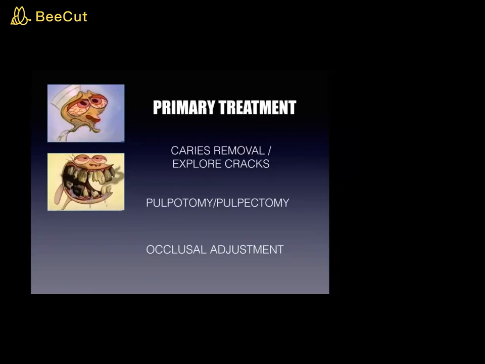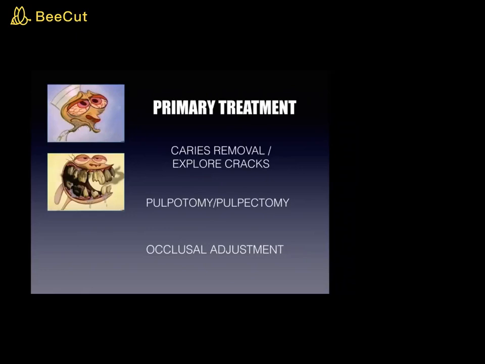After whatever you've done with respect to pulpotomy or pulpectomy, make sure you reduce the occlusion, for two reasons. One, if you're dealing with cracks, you don't want the cracks to propagate, so make sure you take it out of the bite. And secondly, and more importantly, if you have a nerve that you've removed or partly removed, the last thing you want to do is continually hammer it with the occlusion.